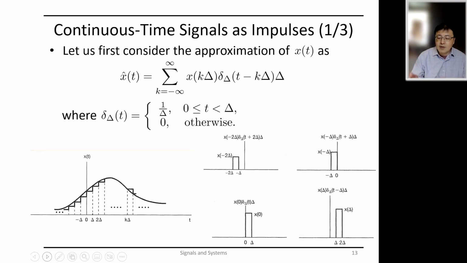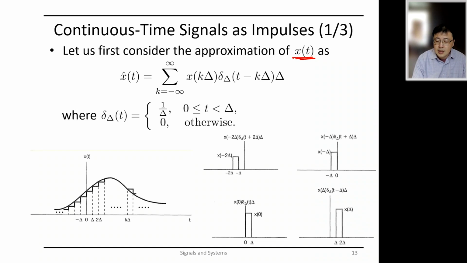Instead of looking at an exact, continuous time function x of t, let's look at an approximation x hat of t that is equal to the summation of x of k delta times delta sub capital delta of t minus k capital delta times capital delta.